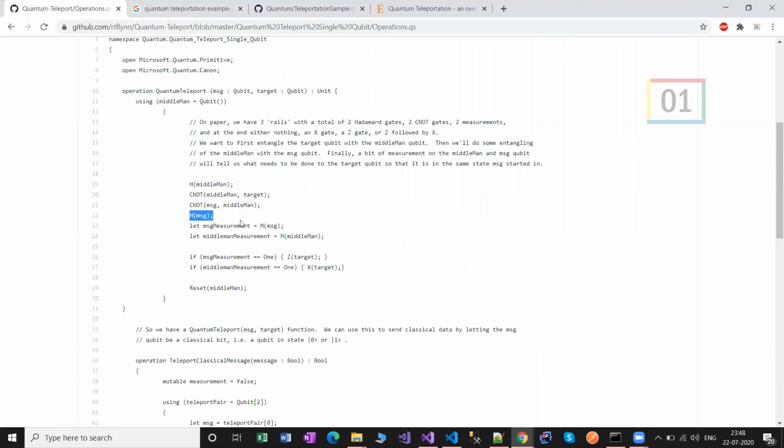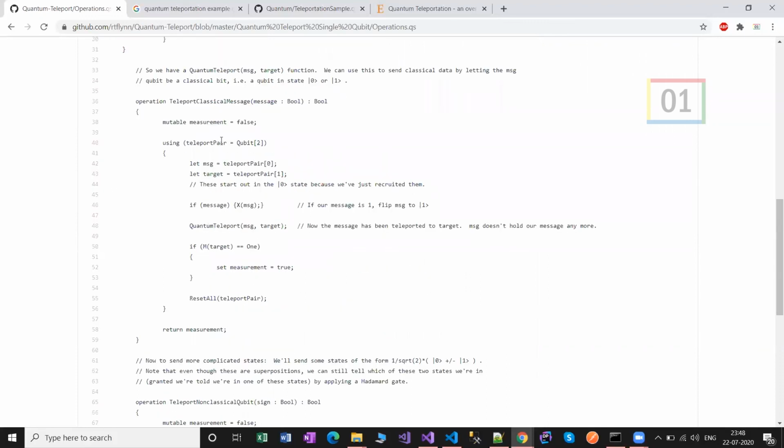This is the superposition. The qubit has been mentioned here. For example, if you want to use two qubits, you use qubit 2, and one has been assigned to message and one has been assigned to target. So here we are applying the X gate. These kinds of logic we should understand before getting into Q#.